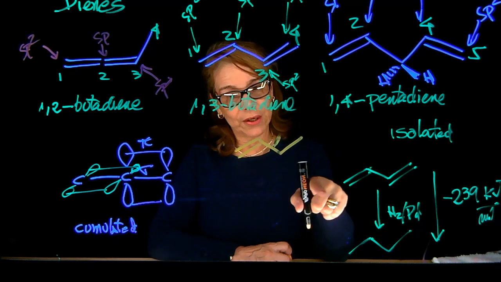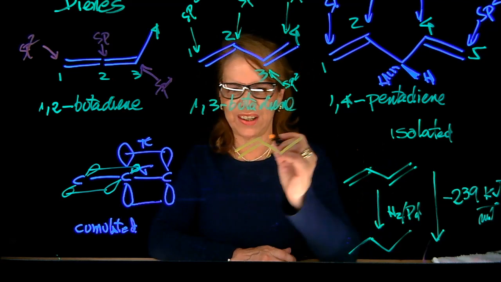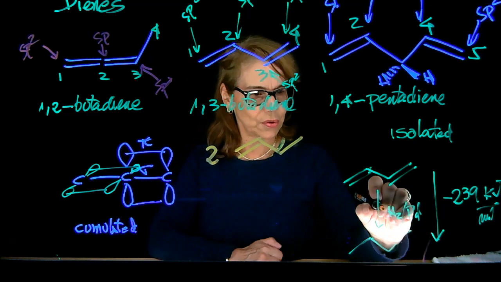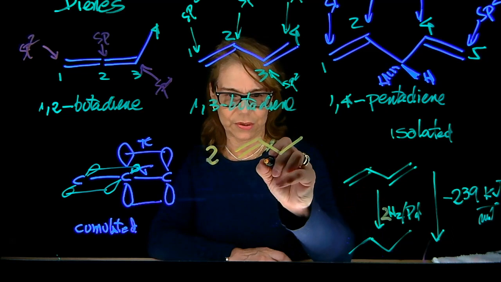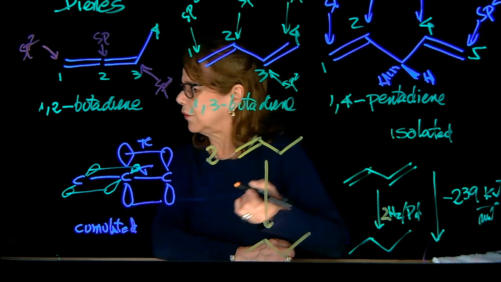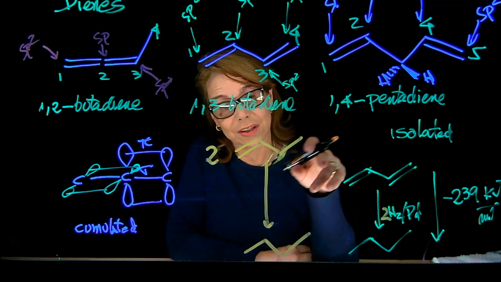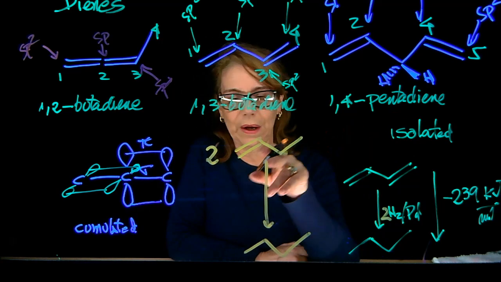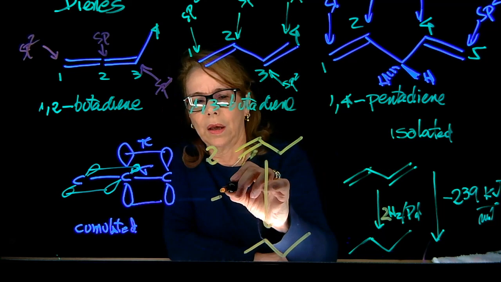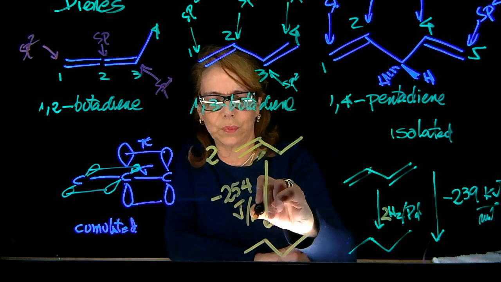Trying to investigate whether the conjugated system is less stable or more stable, I'm going to use 2 moles of those, to have a similar amount, and I do the hydrogenation reaction. And what I found is that the heat released upon hydrogenation is larger. So this is negative 254, again, kJ per mole.